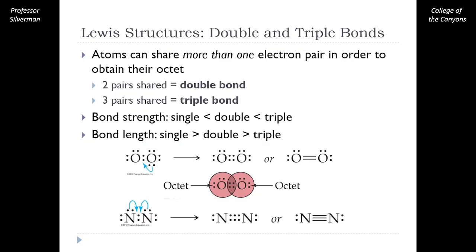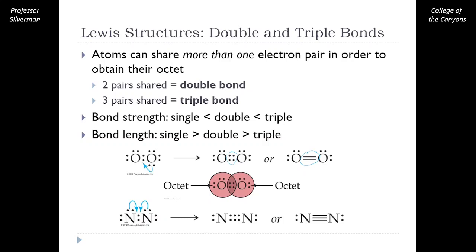We saw for water that involved sharing electrons with a pair of hydrogens. We can also share more than one pair of electrons. We call this a double bond or a triple bond. Here, our O2 molecule has 2 lines or 4 dots. There are 4 electrons being shared between those 2 oxygen atoms.